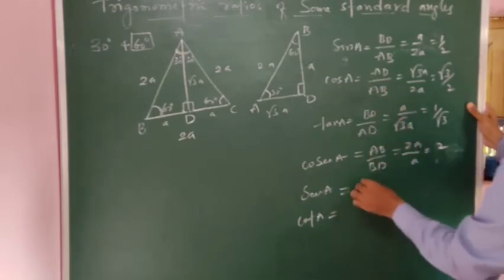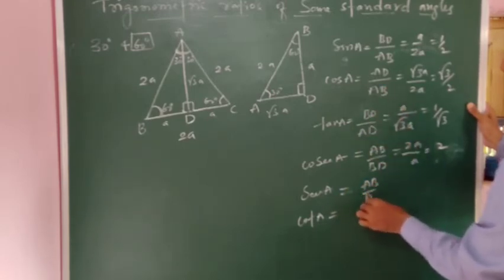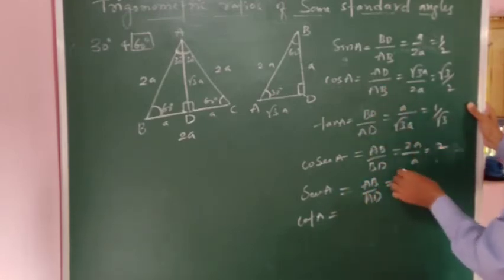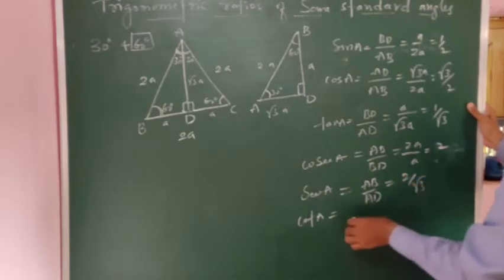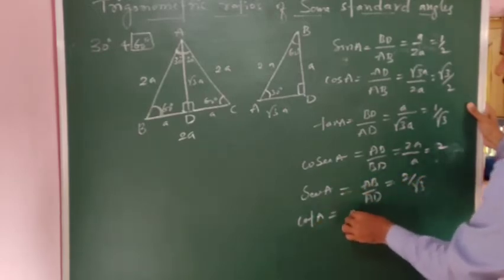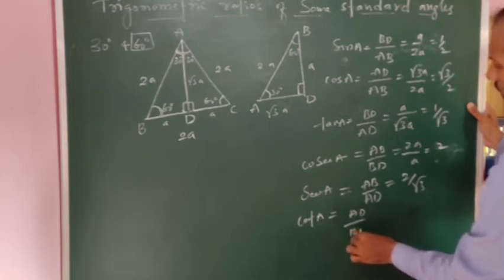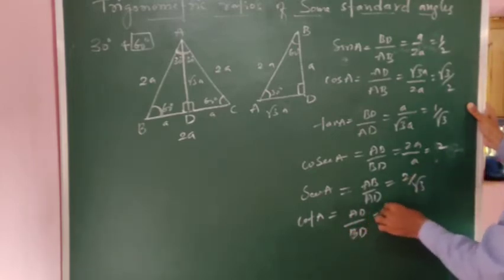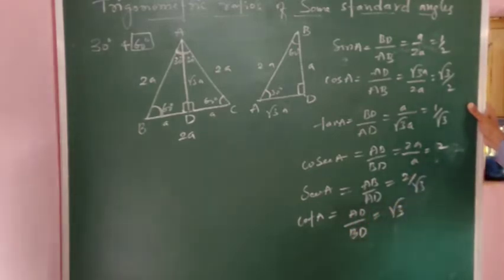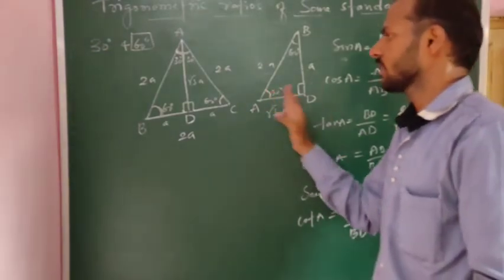Next, sec A is AB by AD, which is 2 by root 3, and cot A is AD by BD, which is root 3 only. This is angle 30 degree.